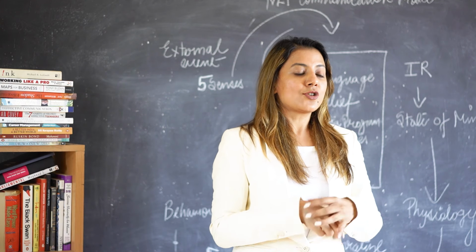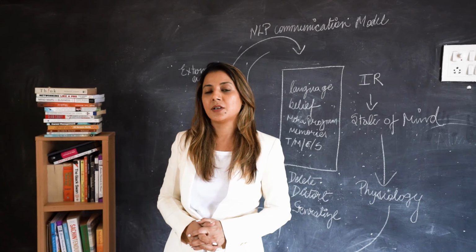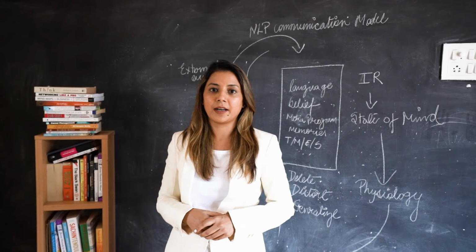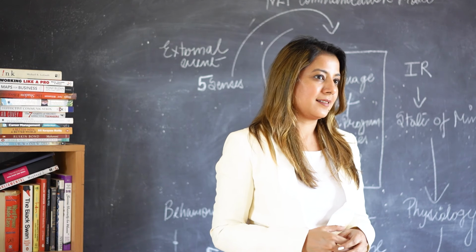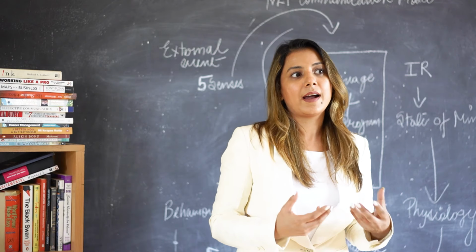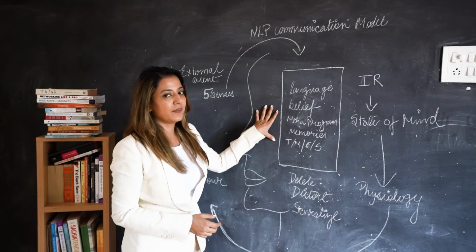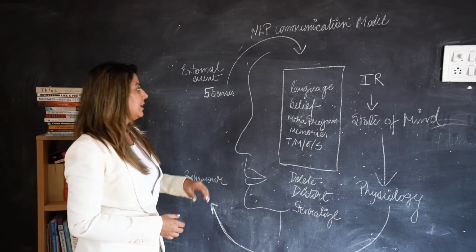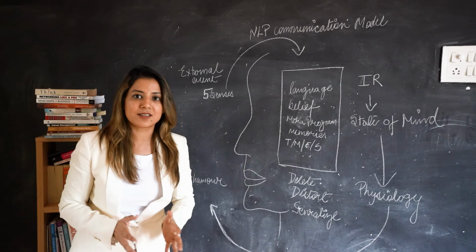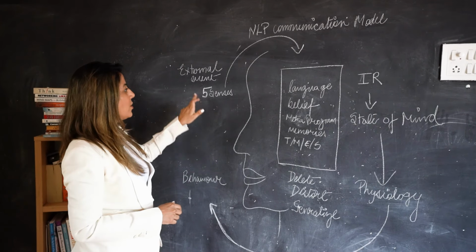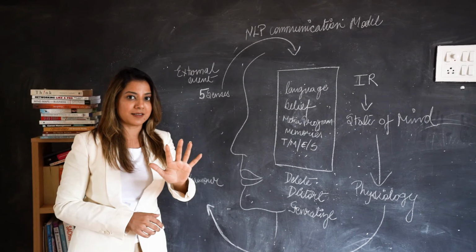It is taught through a very simple graph or a map, I would say. Let's understand the communication model which I was talking about in NLP. If you see the diagram here, any external event that happens in our life goes inside our brain through our 5 senses, isn't it?